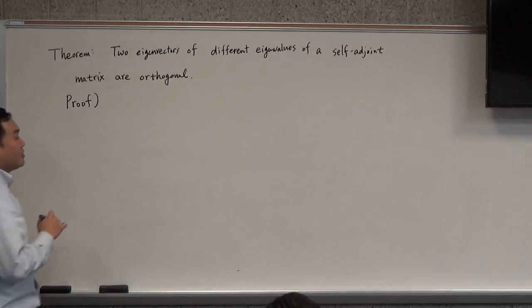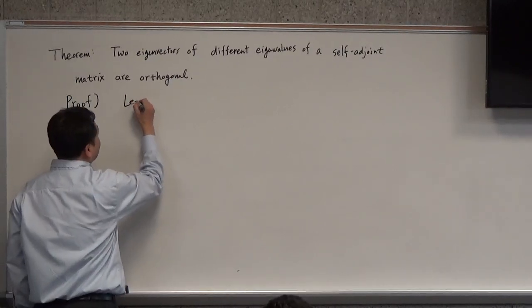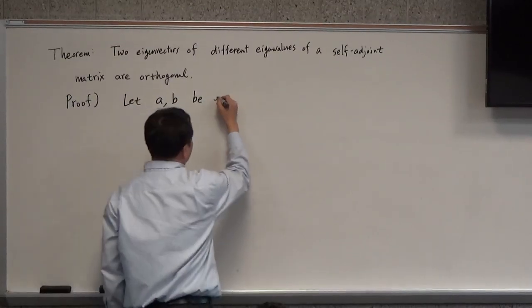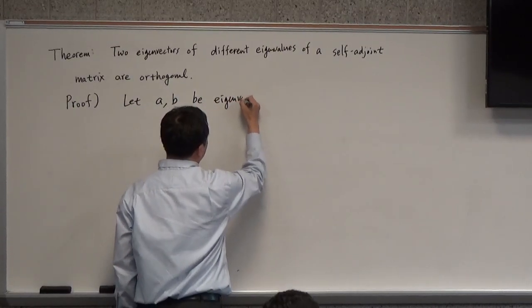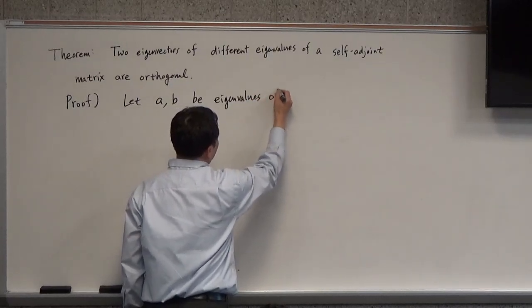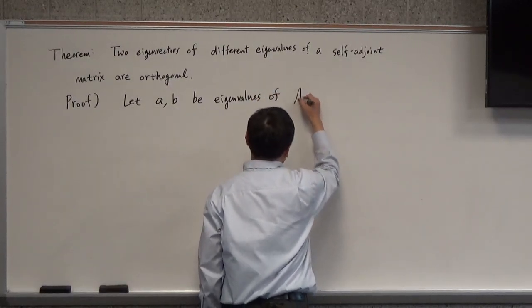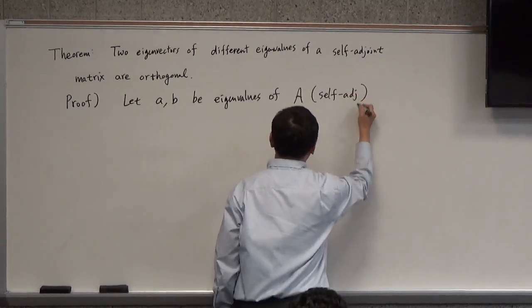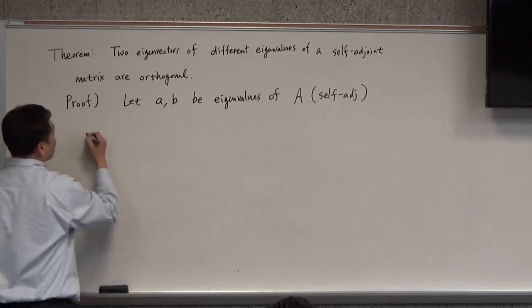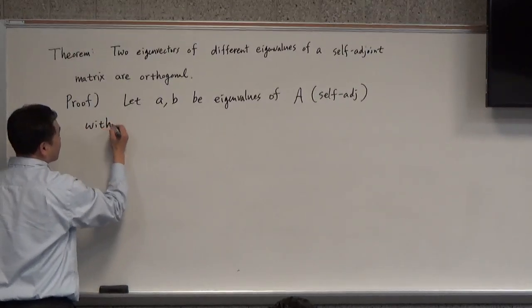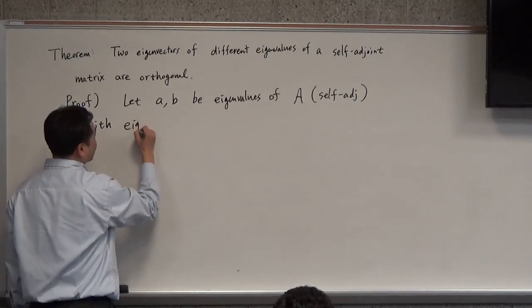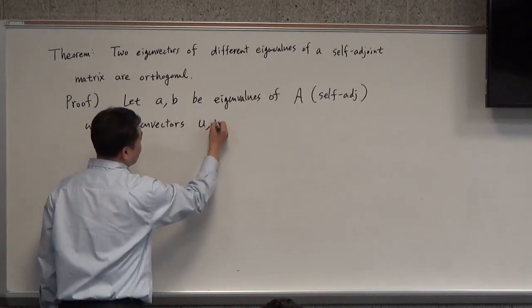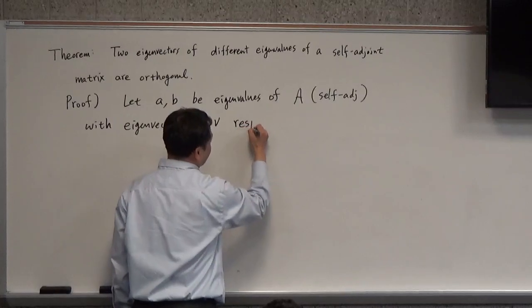Okay, proof. Let a, b be eigenvalues of A, which is self-adjoint, with eigenvectors u, v, respectively.